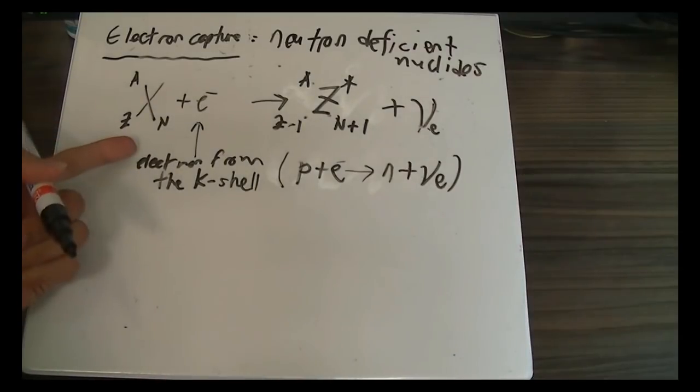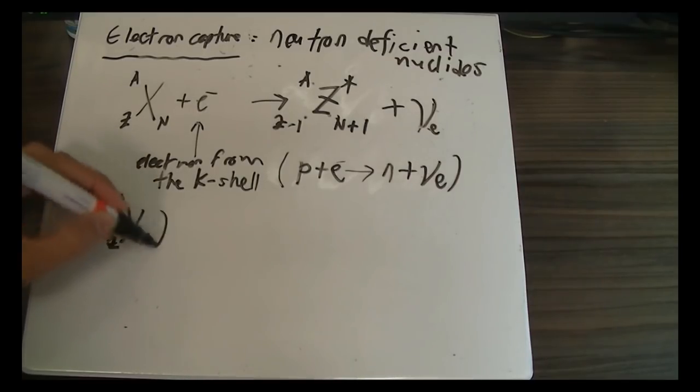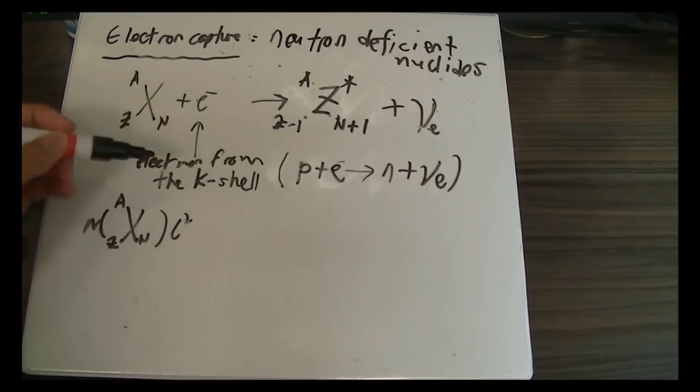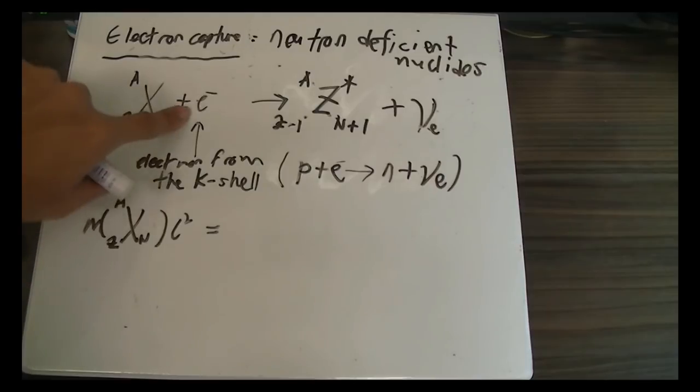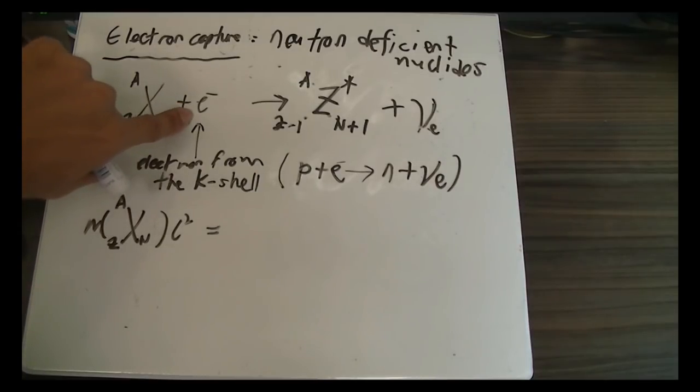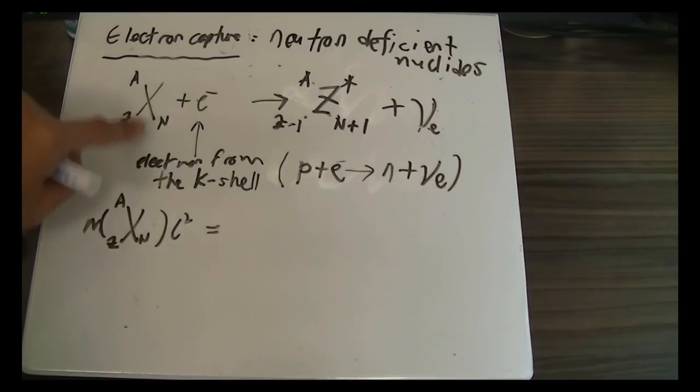So before the decay, we have the mass energy of the parent. We don't have to consider the mass energy of this electron, because this electron comes from the parent atom.